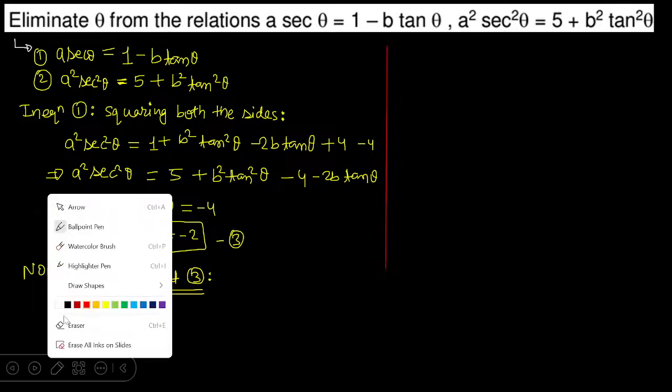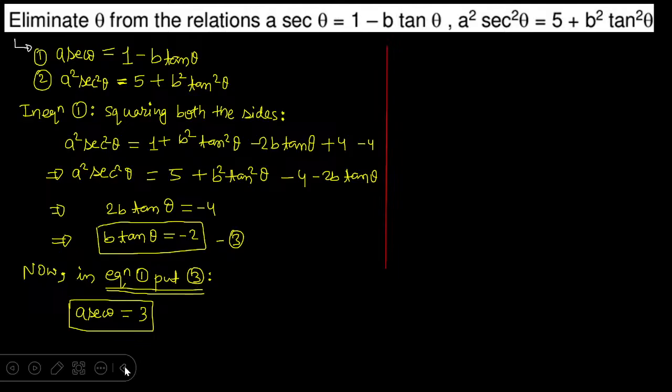Now again, tan theta is equal to minus 2 by b.